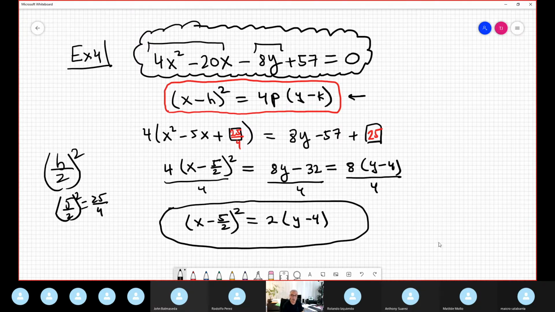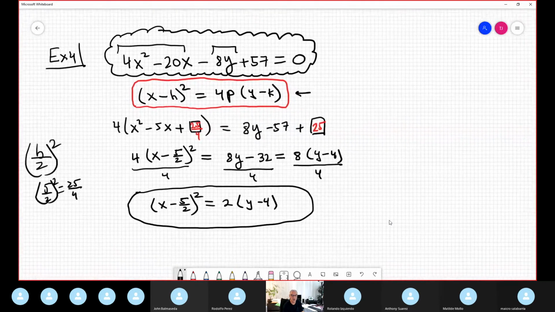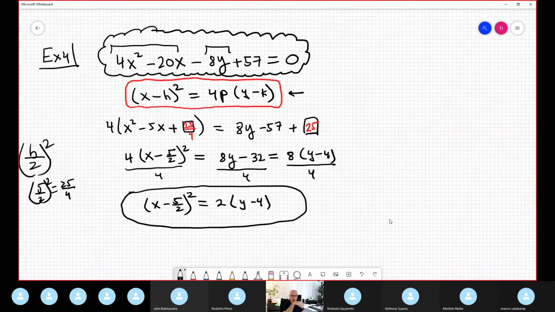Okay, no problem. I understand. Do you understand this algebra? So the 25, you get from subtracting 25 over 4 to the right hand?